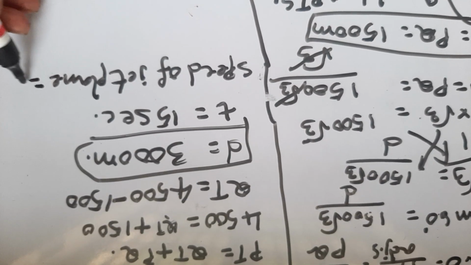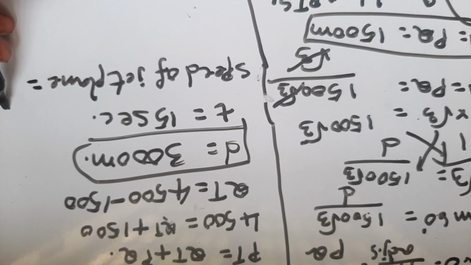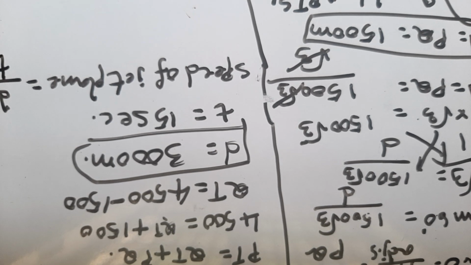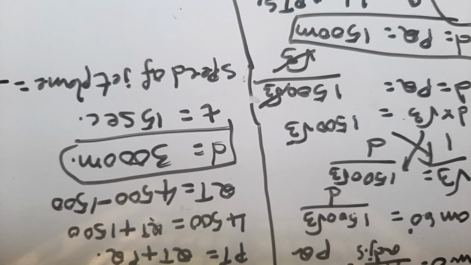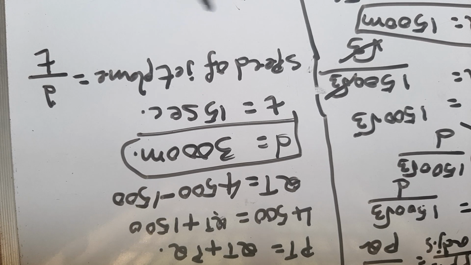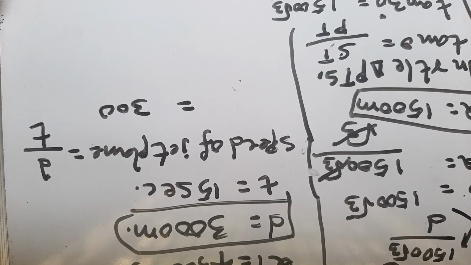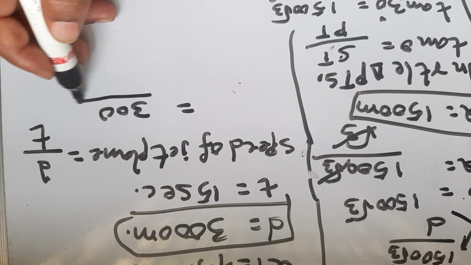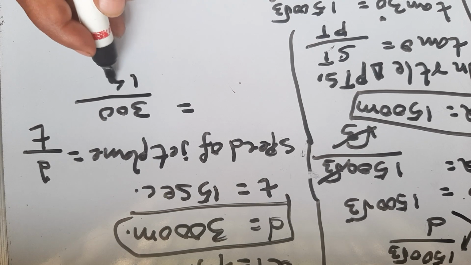That is distance by time, d by t. So d is 3000 meters by 15 seconds.